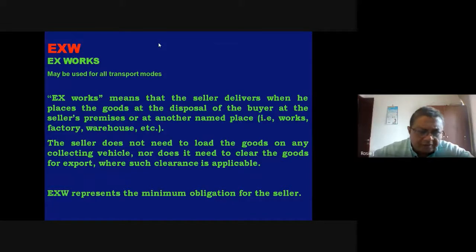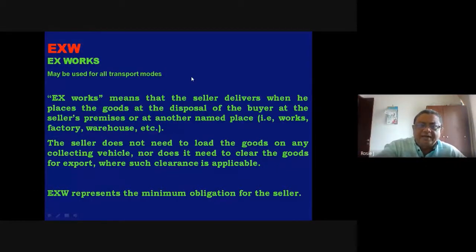I won't talk about licenses, export clearance and import clearance; all are done by the importer. That's one term, EXW. So the easiest delivery term for the exporter is EXW. Once the deal is done, from then onwards all the risk transfers to the importer.